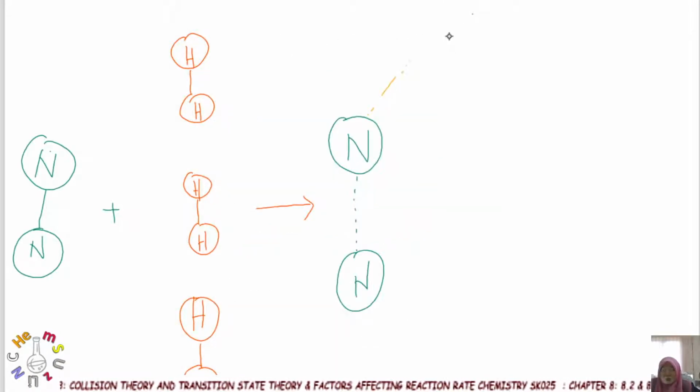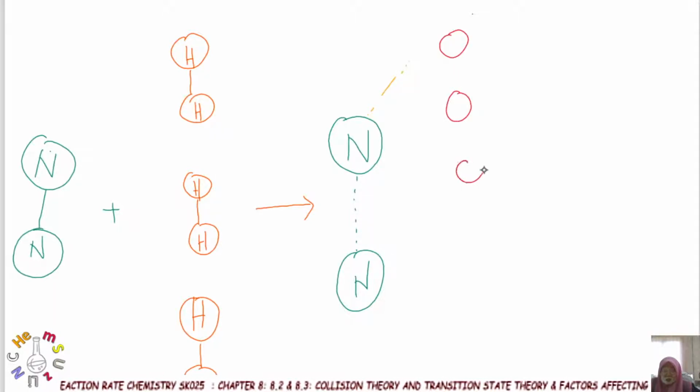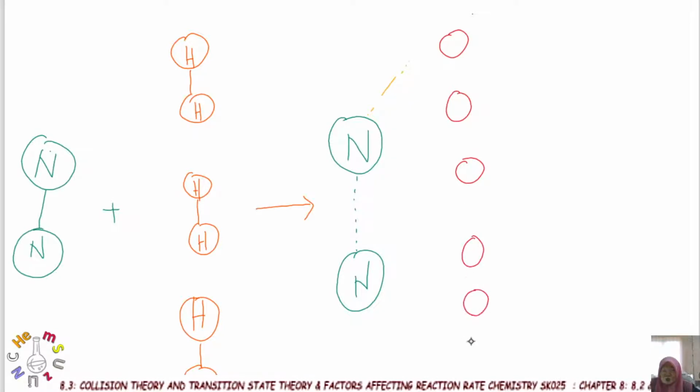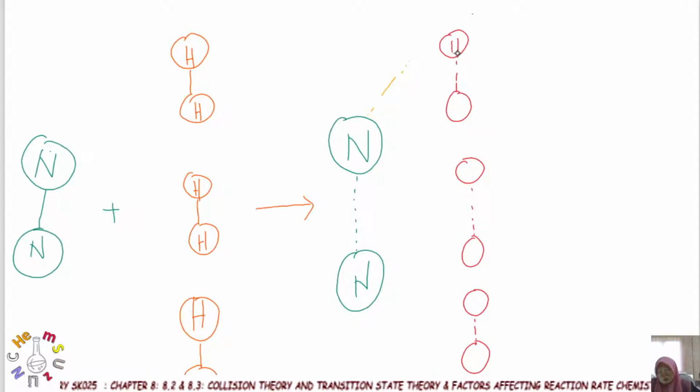Okay, we have 1 hydrogen, 2 hydrogen, 3 hydrogen, 4, 5, 6. So ini adalah temporary break. This is hydrogen, sorry.